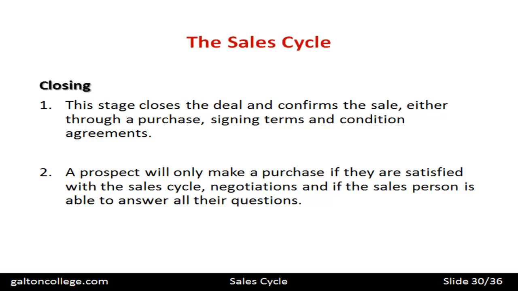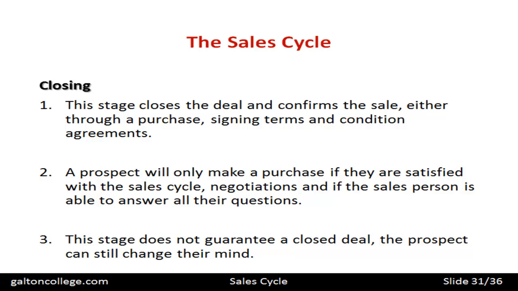So it's important that in the mind of the prospect, in the mind of the purchaser, that they have clarity about the product, and they feel that the whole exercise, right from start to finish, has been professional, well done, open, honest. If they feel this, then they will make the purchase.